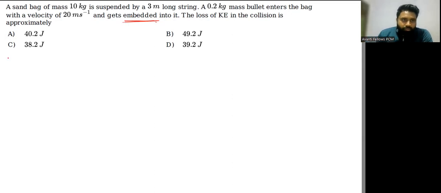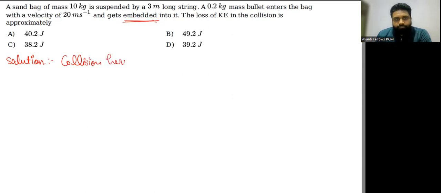So the collision here is perfectly inelastic. This is the bullet.